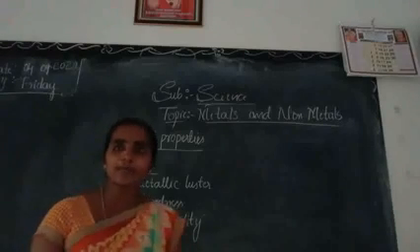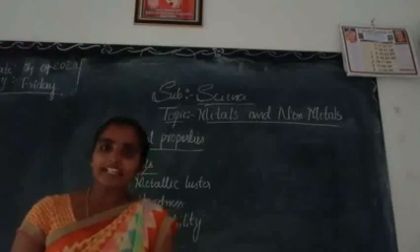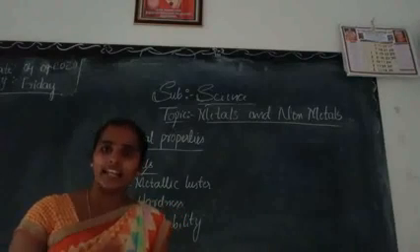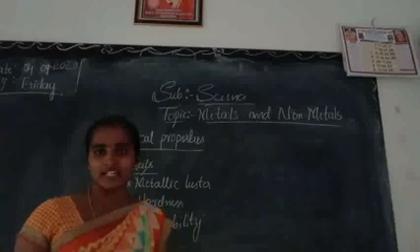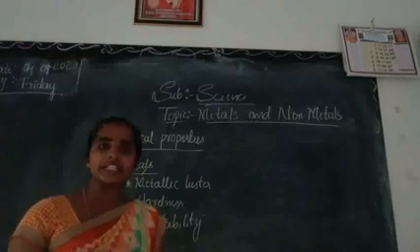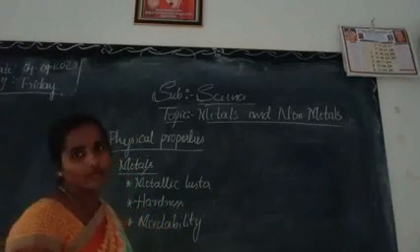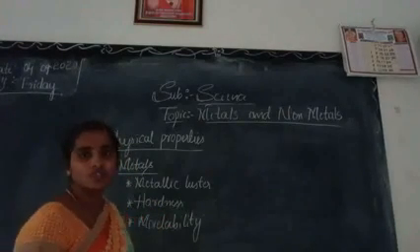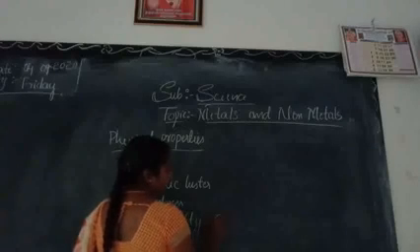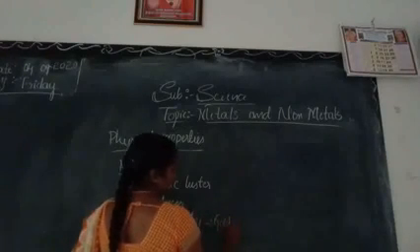For example, when we beat the metals again and again, they form a thin sheet. Examples of this are gold and silver.